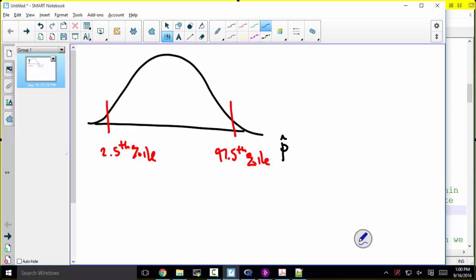If I do that, there's 2.5% to the left there, and there's 2.5% to the right over there, which means in the middle is 95%. 95% of the probability in this distribution is between those endpoints. And it turns out that if you do that, you get the interpretation that we want of a confidence interval. Namely, 95% of all intervals constructed like this can be expected to contain the true mean.